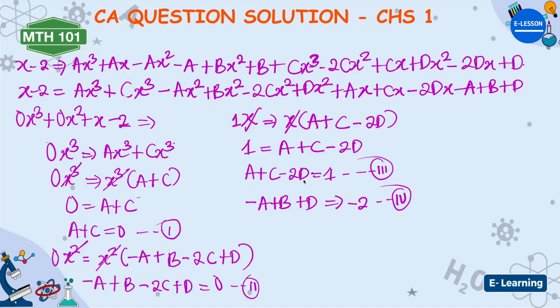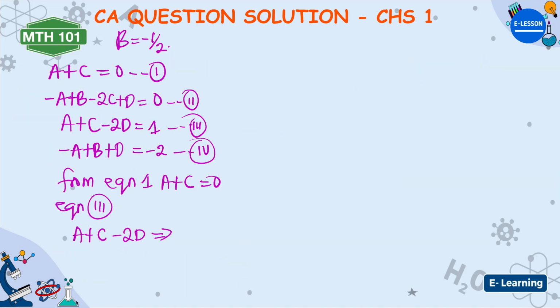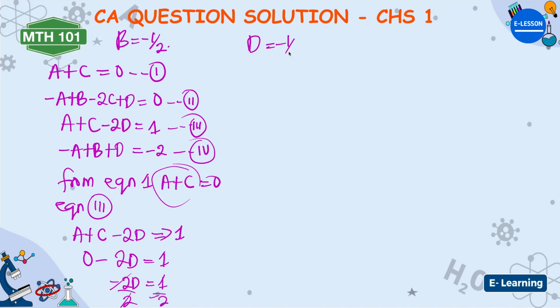Check it. A plus c minus 2d is equal to 1, equation 3. But we already said our a plus c is 0. So wherever we see a plus c, we can put 0. So here it gives us 0 minus 2d is equal to 1. Minus 2d is equal to 1. Divide both sides by minus 2. My dear student, d will be what? Minus 1 over 2. So we got b, minus 1 over 2, and d, minus 1 over 2.